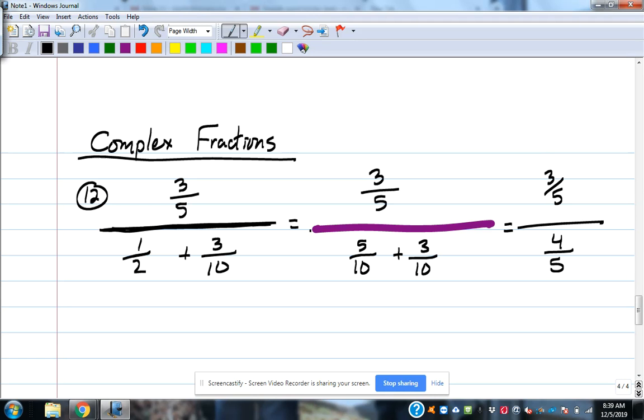Yeah, so it's 3/5 divided by 4/5, but we know how to do that. We say 3/5 times 5/4, and then we follow our rules for multiplication. Cancel, cancel.